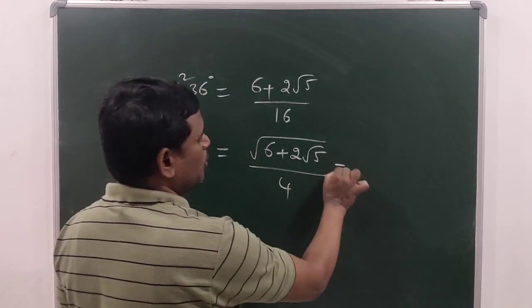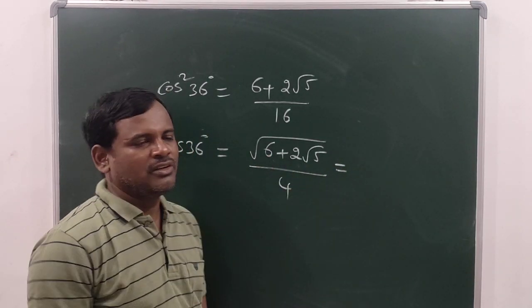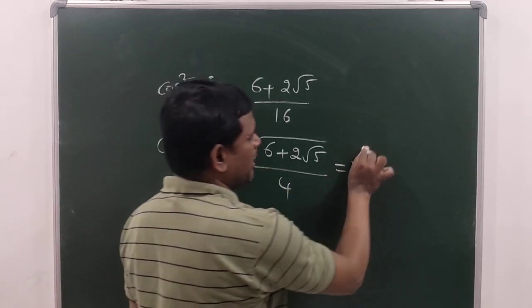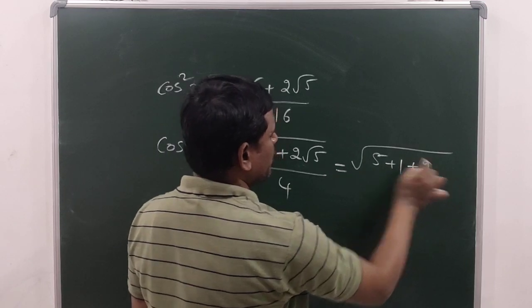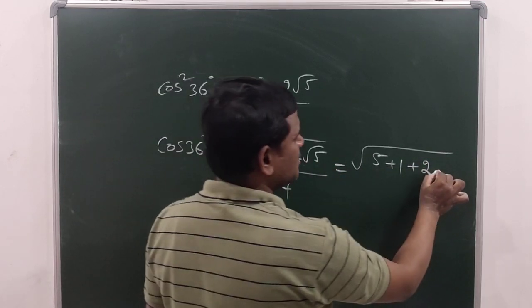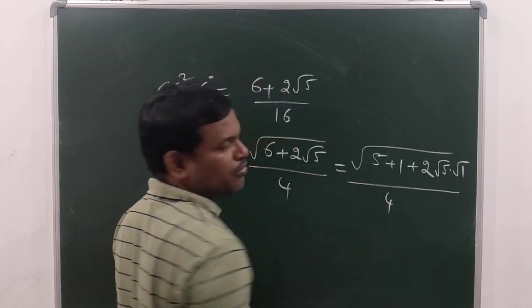Inside, you know how to determine the square root of a compound surd. This 6, I would like to split as 5 plus 1. And here plus 2 into this root 5, you can write as root 5 into root 1 by 4.